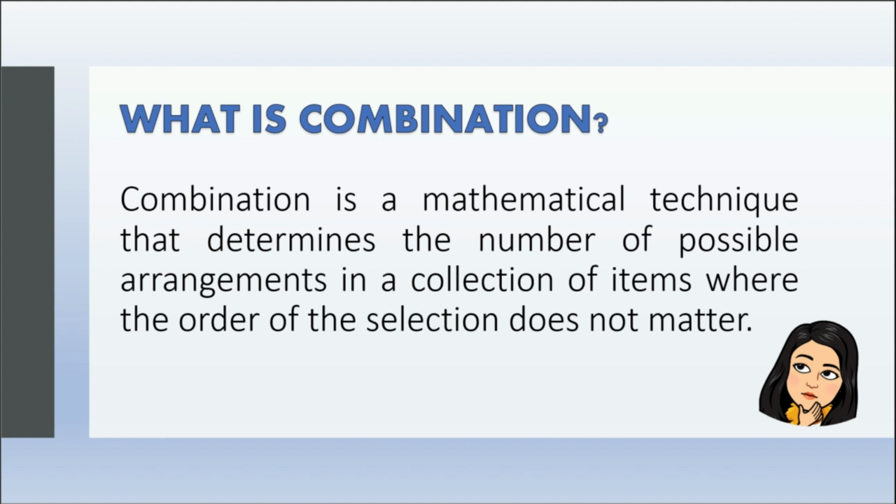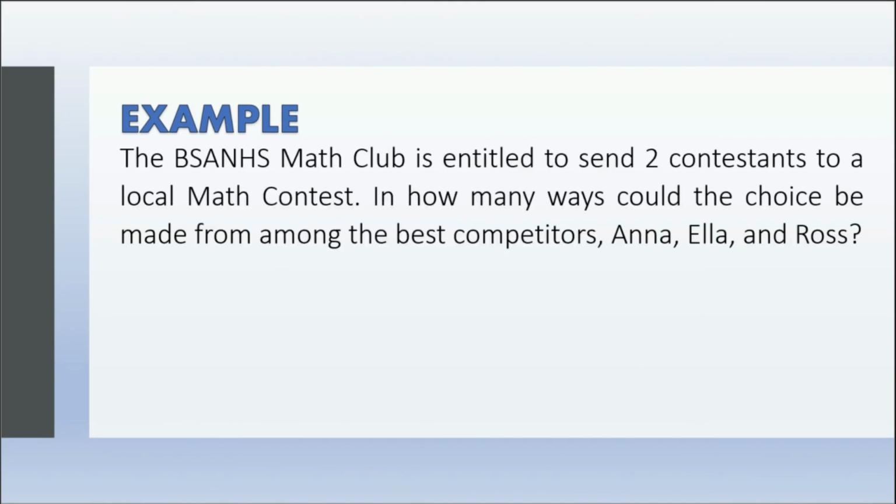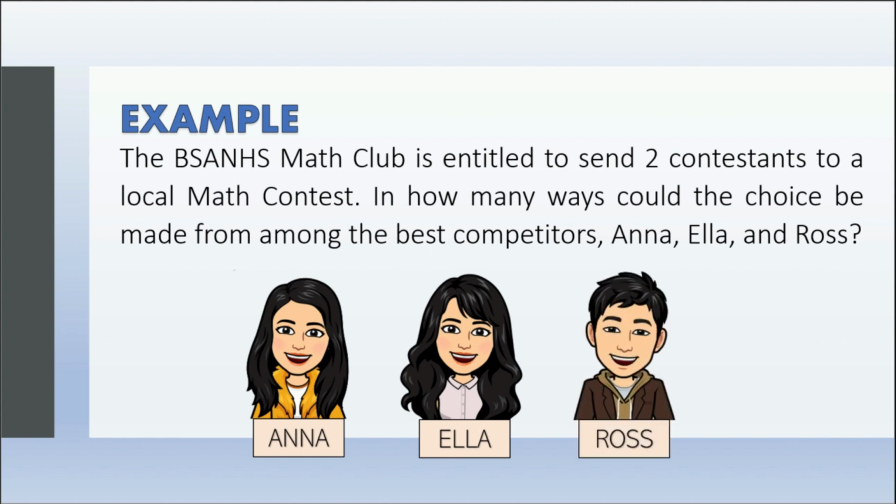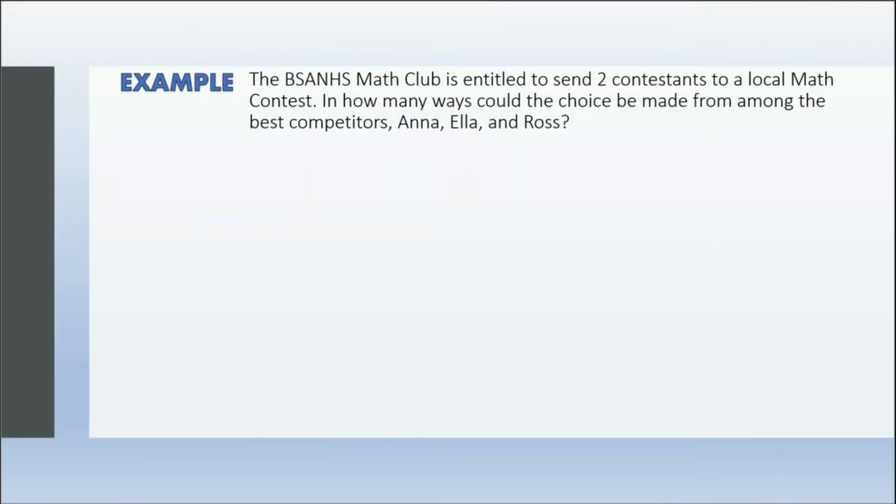Let's consider this example. The BSN's Math Club is entitled to send 2 contestants to a local math contest. In how many ways could the choice be made from among the best competitors, Anna, Ella, and Ross? In the given problem, there are 6 possible permutations of the 3 contestants.